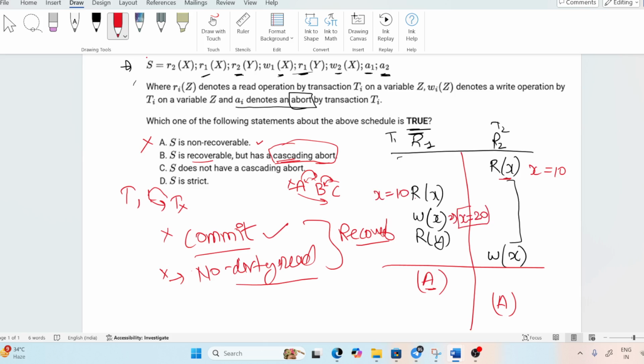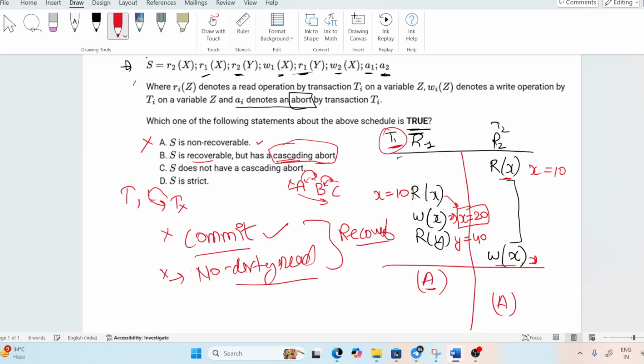Now read of y, suppose y value is 40. Now this is the write of x. He has no idea that x was updated by this operation of T1, which has updated the value.